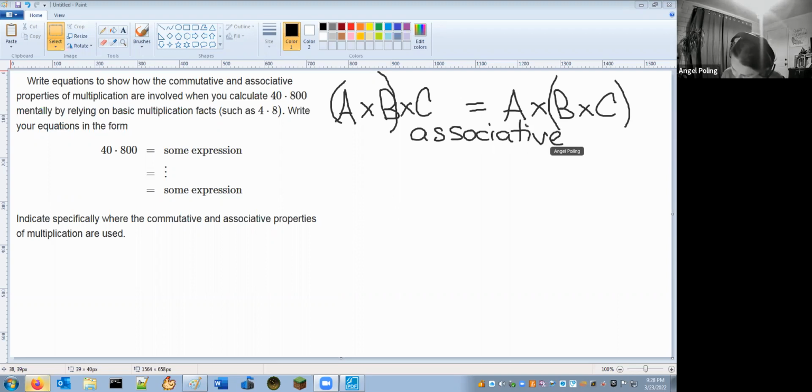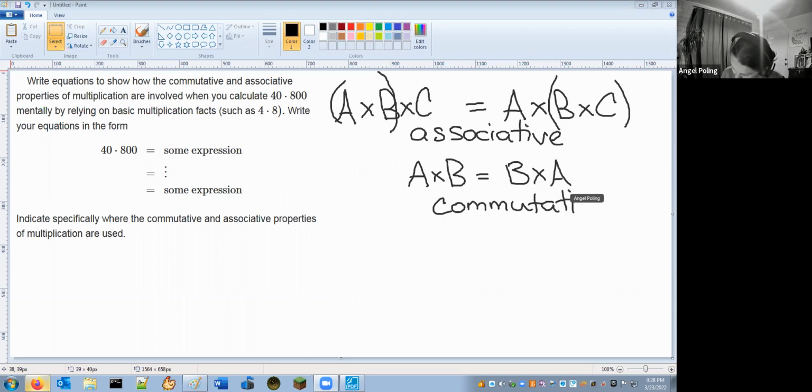And the commutative is to physically switch places. So to convert one position for another. So here is our commutative property.